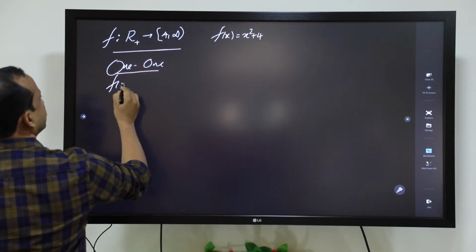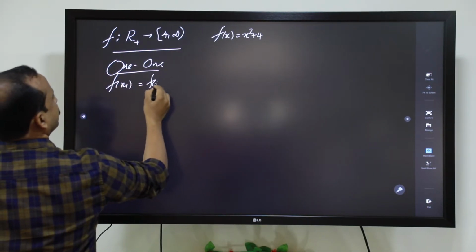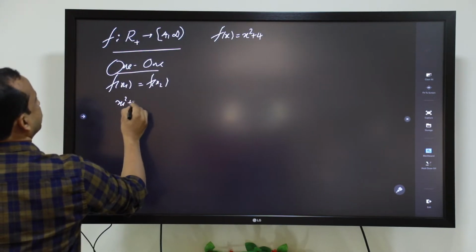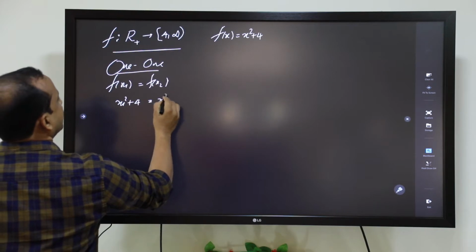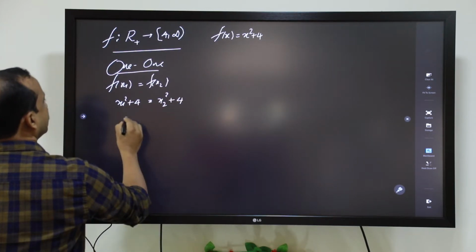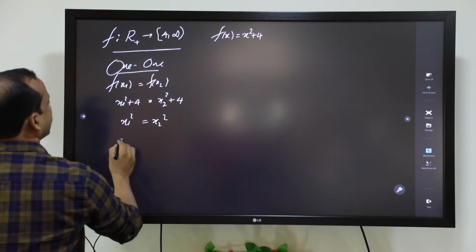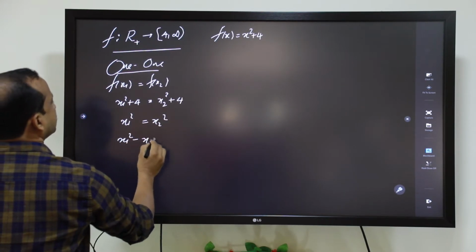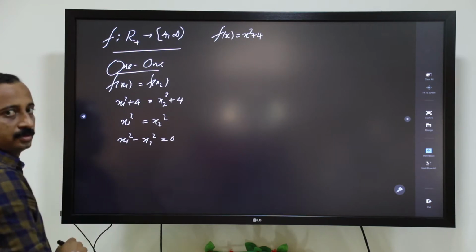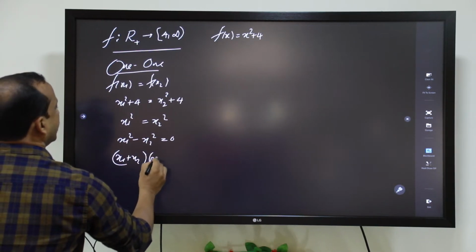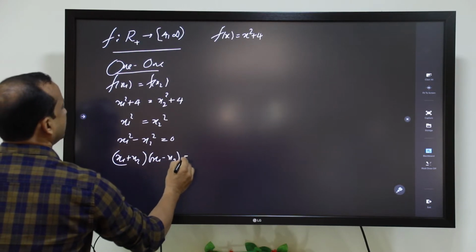You already know the condition: f of x1 equals f of x2. That implies x1 square plus 4 equals x2 square plus 4. The 4 cancels, so x1 square equals x2 square, or x1 square minus x2 square equals 0. On factorization, we get (x1 plus x2) into (x1 minus x2) equals 0.